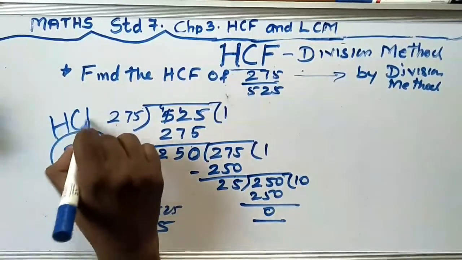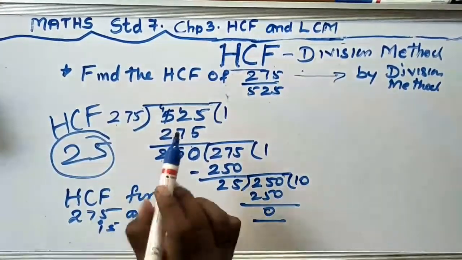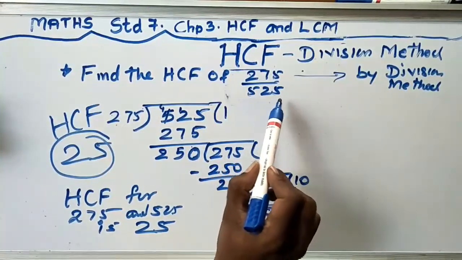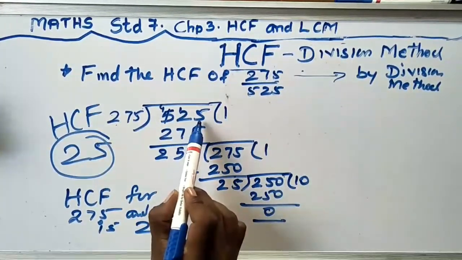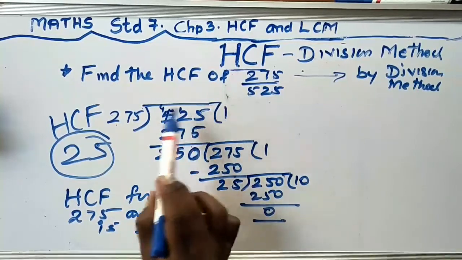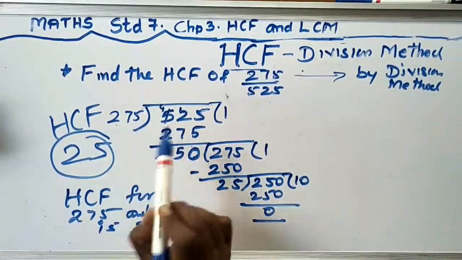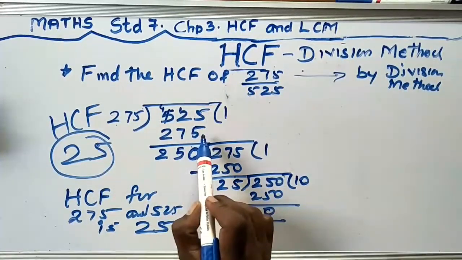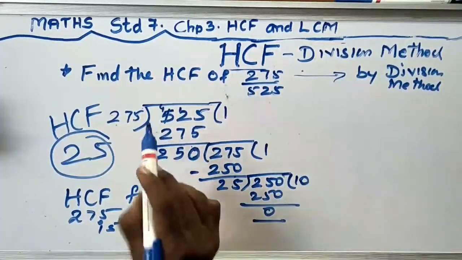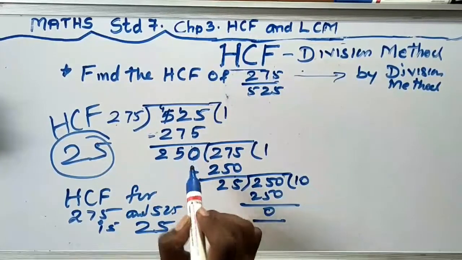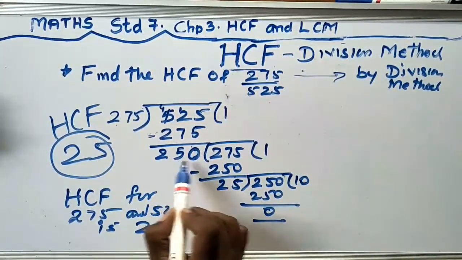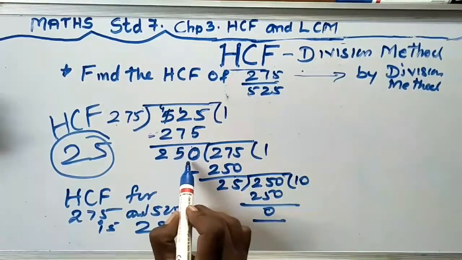25 is your HCF. Let's say once again, 275 and 525. So 525 I wrote inside because it is greater. 275 is smaller, I wrote outside. It goes only one time. So 275 ones are 275. When I subtract it, I got 250. Then 250 I wrote outside. I am dividing this 275 by 250.